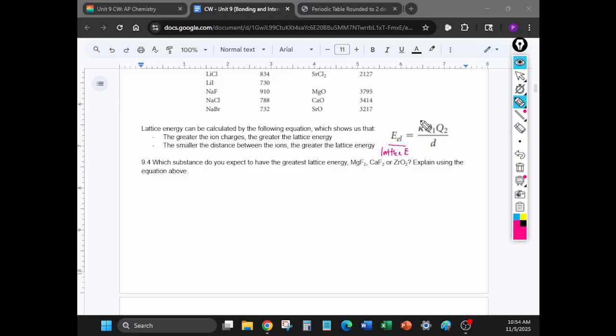The K is going to be a constant. We're not going to get into the actual math of it, so don't worry. It'll always just be K. Q1 is going to be the charge of your first ion, so I'll call it charge 1. Whatever charge one of your ions has, that's the value there. Q2 is the charge of the other ion, so this is charge number 2.